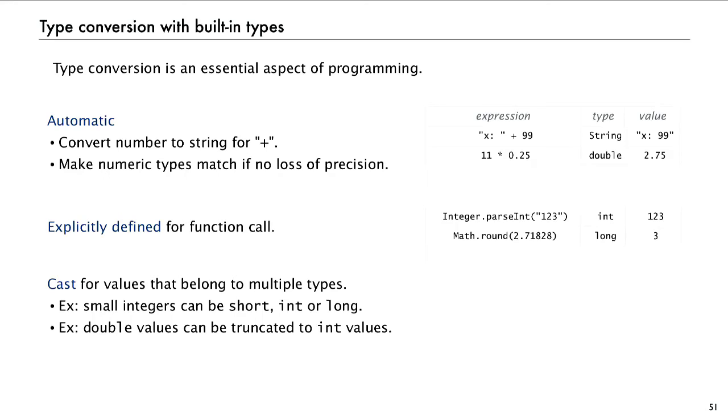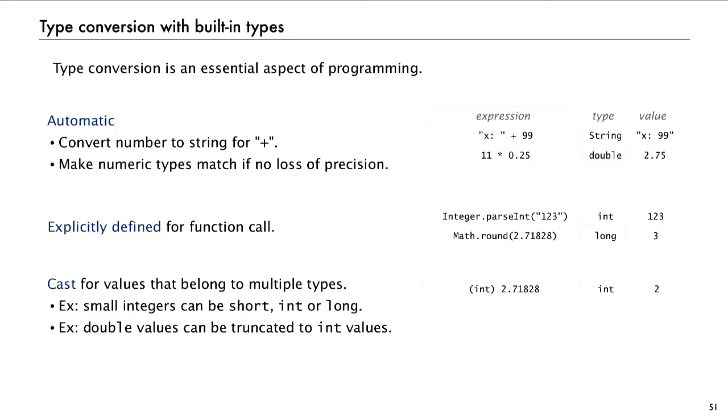So that's what we use for values that belong to multiple types. Like small integers, like 2 or 12, can be either short, int, or long. And also double values, we can truncate them to int values. Sometimes that's what we want to do in the computation. And the way that we make this type of type conversion is just put the type that we want in parentheses before the number.